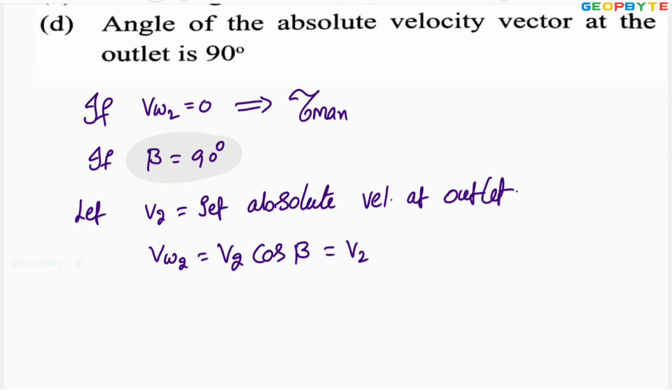So V2 into cos 90 equal to 0. Remember this point. If absolute velocity while it is leaving is maintaining 90 degrees, Vw2 equal to 0. If Vw2 equal to 0, definitely efficiency is maximum. You try to remember this point.